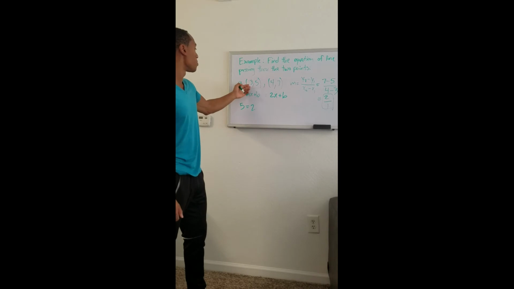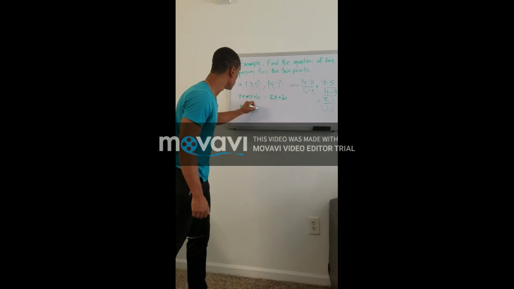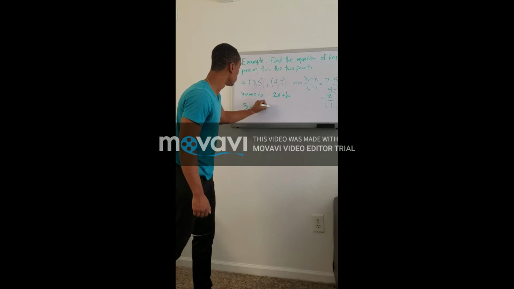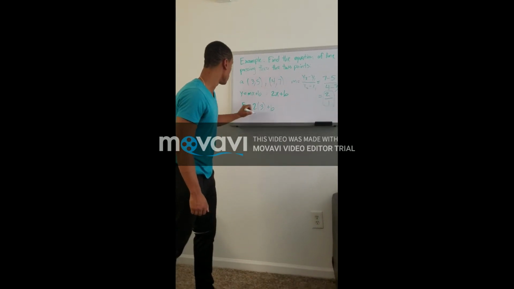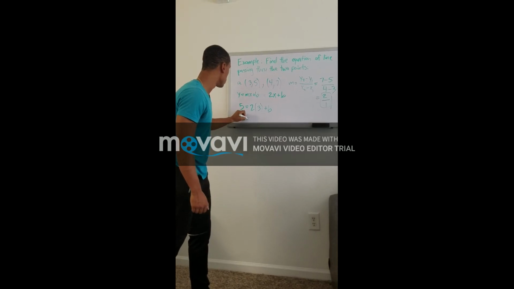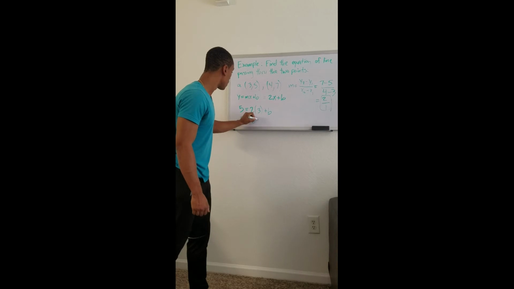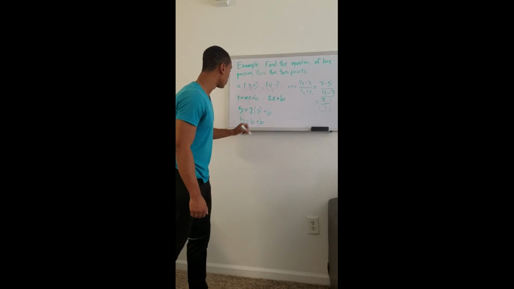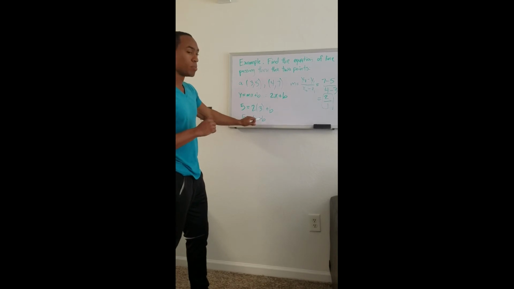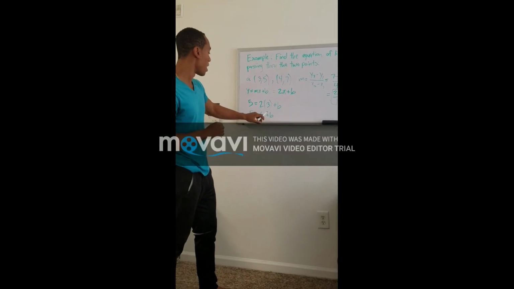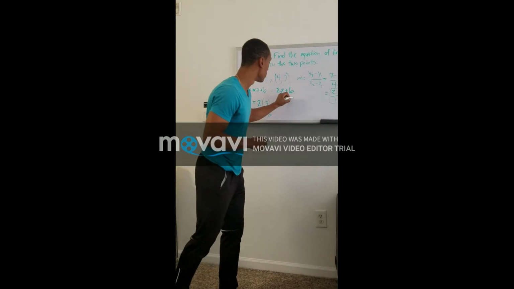5 equals 2x plus b. Since we're using this first point, x equals 3. So we have 2 times 3 plus b, which gives us 5 equals 2 times 3 is 6 plus b. Okay, so now to get b by itself, we have to subtract 6 on both sides. I'll do that up here.